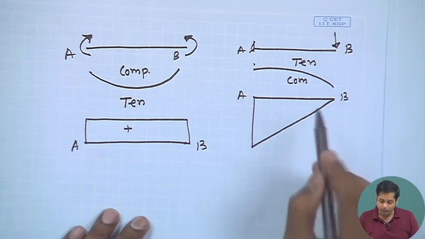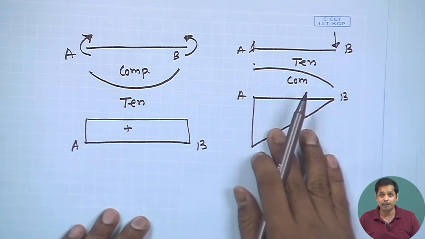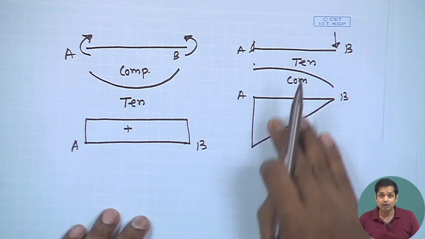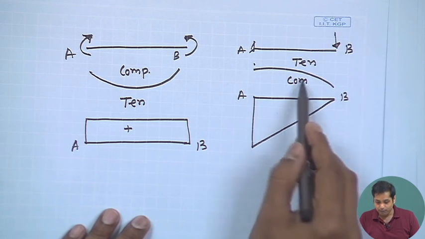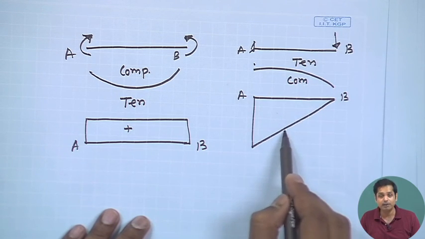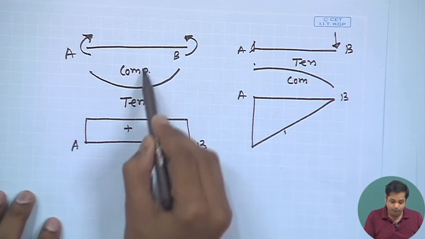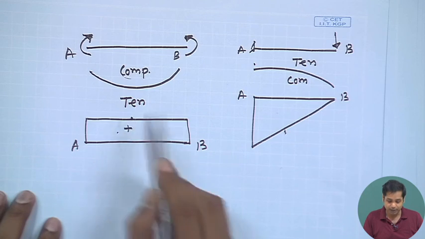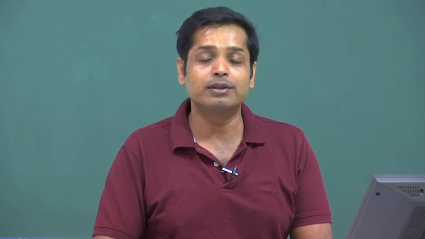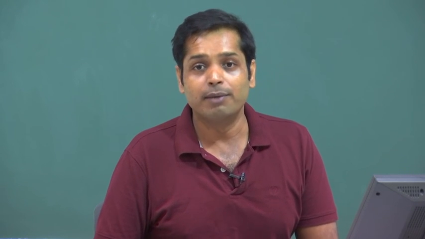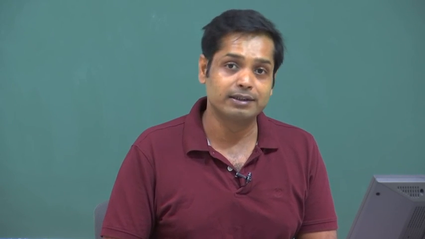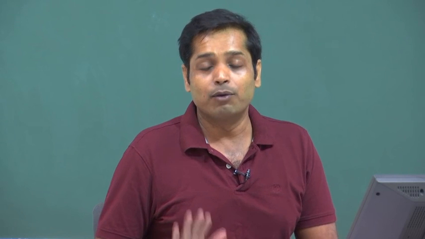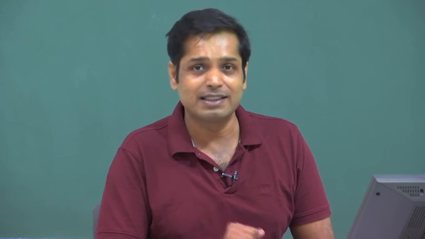So, in our case, we always draw the bending moment diagram on the compression side. In many books and other places, the sign convention is just the opposite: the bending moment diagram is drawn on the tension side. Both are correct, but whatever sign convention you use, be consistent with that.